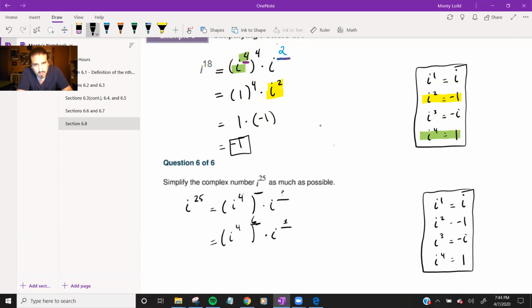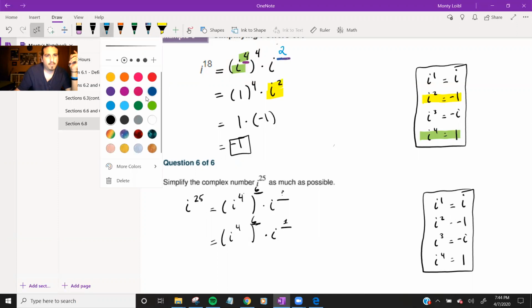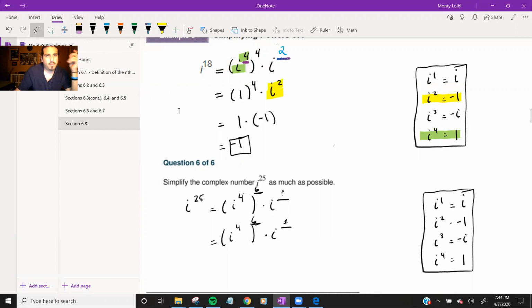Again, it's going to be 6, but it's okay to write it like that because of your exponent rule, that if you have a to the nth power raised to the mth power, that's just going to be n times m.